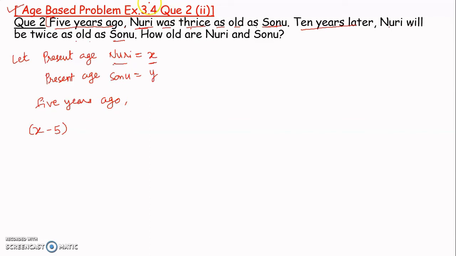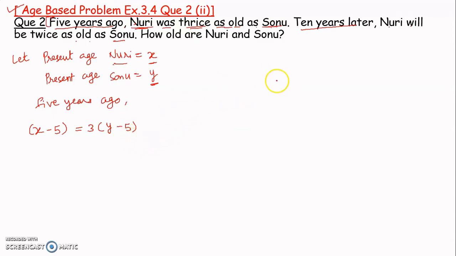So here given, Noori was thrice as old as Sonu. So this is the age of Noori is 3 times age of Sonu. So Sonu's age at present is Y. So 5 years ago, Sonu's age will be Y minus 5. So this is how we get the first equation.